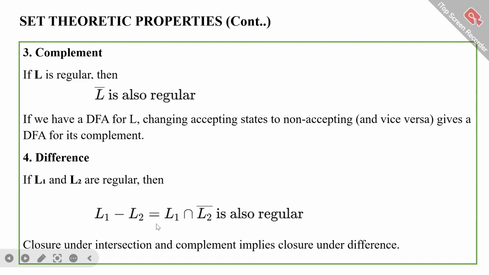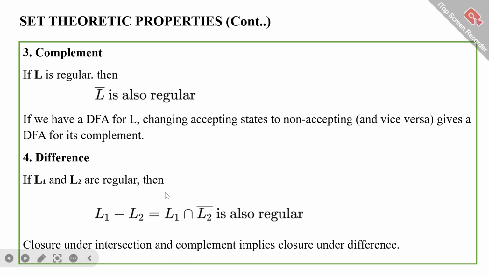We can rewrite L1 difference L2 as L1 intersection L2 dash, which is also regular. Here we already know that if L2 is a regular language, then the complement of L2 is also regular. Similarly, if L1 and L2 are regular, then the intersection of L1 and L2 is also regular.